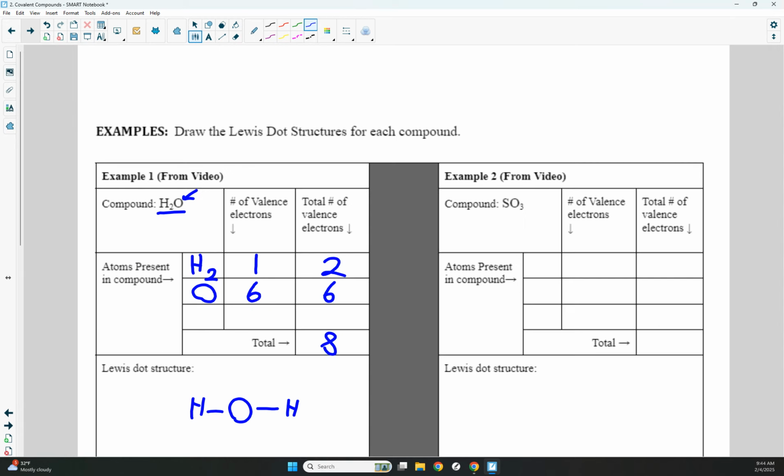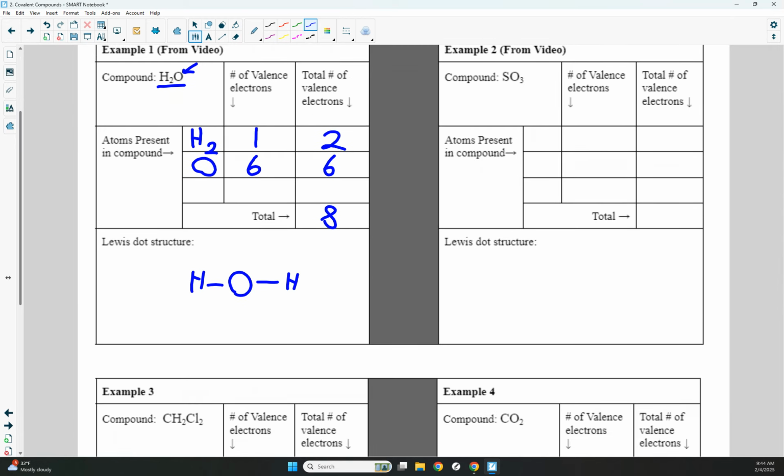So let's make sure everybody understands what these bonds represent. So these lines that I drew here represent covalent bonds, and each line represents 2 shared electrons. And they're equally shared between the hydrogen and the oxygen atom. Okay, and that's true on both sides here.